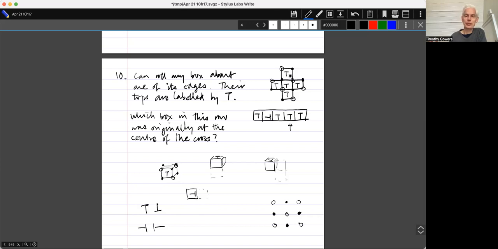And since these all start with T's that are vertical, whichever one corresponds to this one here will have to have an odd distance from everything that's of the same orientation, and an even distance from everything that's of the opposite orientation, so to speak. And that's the only one that does the job.